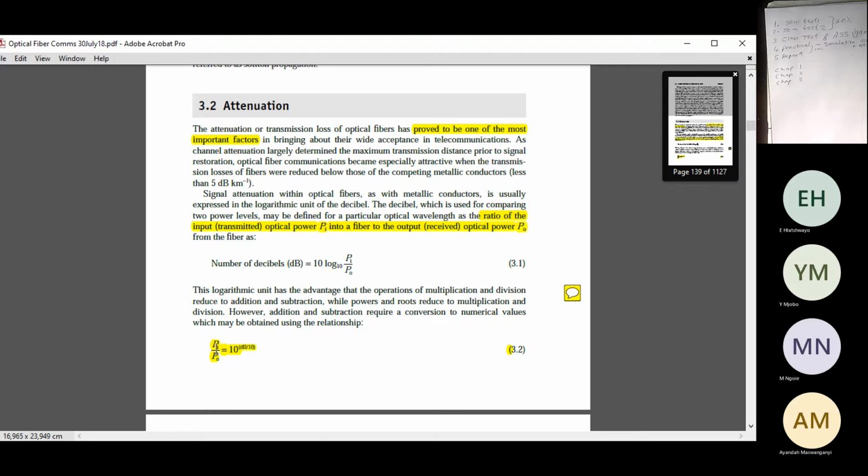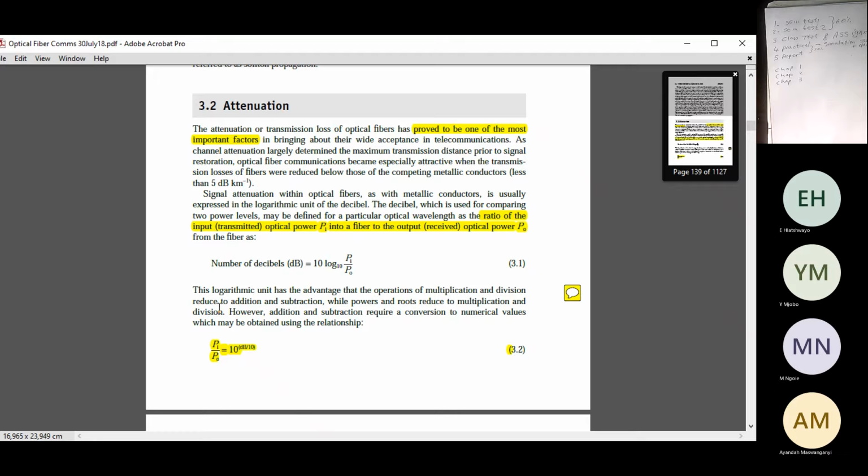When there are different dB losses over our cable, we can just add them. That's the advantage of dBs. So we want to work in dB scales. That's the reason why we work in dB scales. Because most people don't understand why we do this funny sort of thing. It's because we can add in dBs.